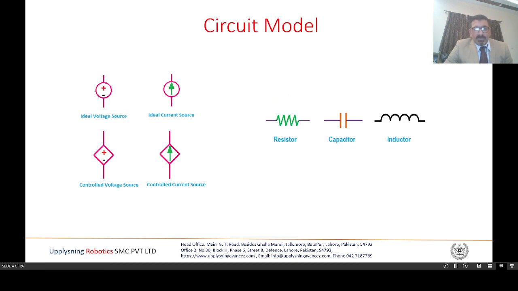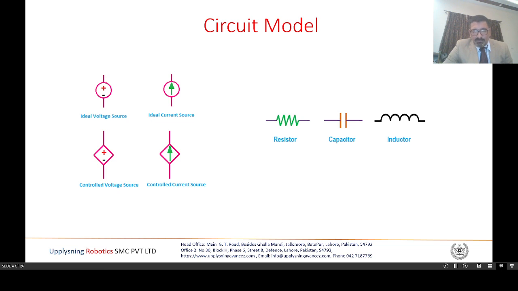Now I'm going to talk about the circuit model. Normally there are two types of circuit models. One is for ideal active devices like voltage and current sources, as you can see on the left side.